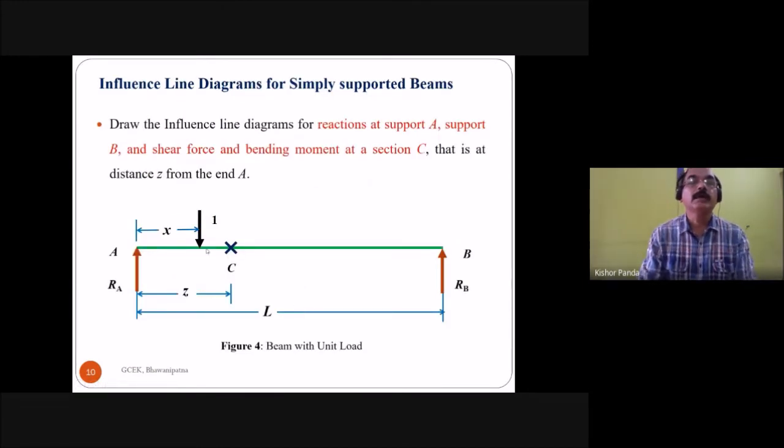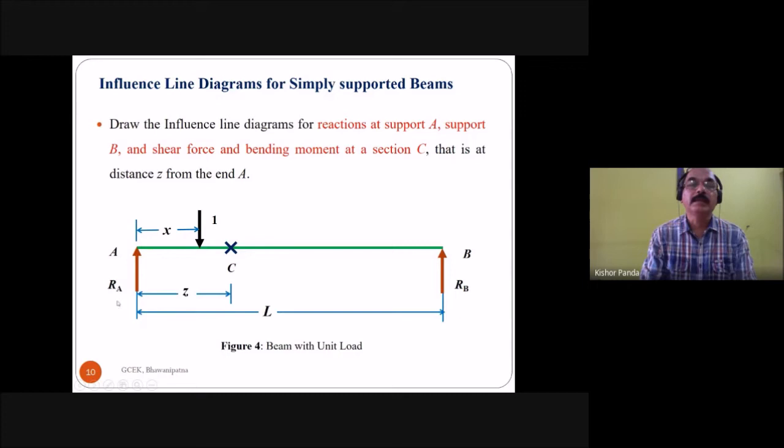First, coming to the influence line diagrams for simply supported beams. Here you draw the influence line diagram for reaction at support A and reaction at support B, and shear force and bending moment at a section C. At the specified point C, you have to draw the influence line diagram for bending moment and shear force.